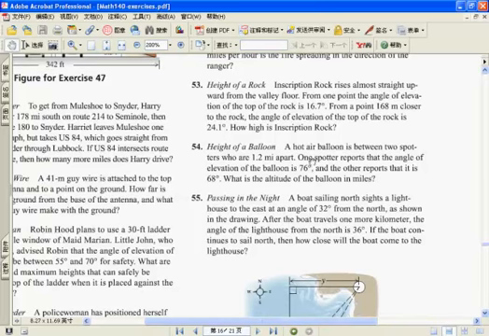One spotter reports that the angle of elevation of the balloon is 76 degrees, and the other reports that it is 68 degrees. Now, what is the altitude of the balloon in miles? Okay, let's look at this problem.